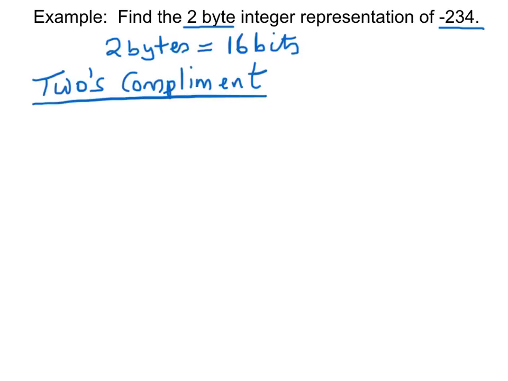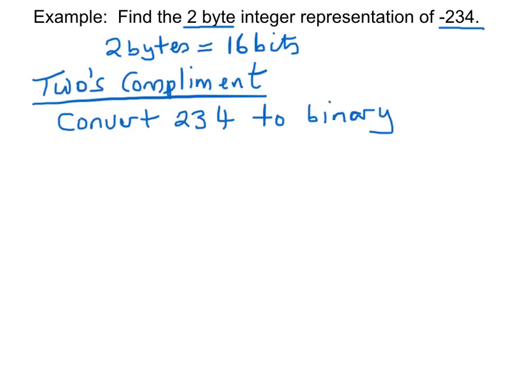So the first step is we're going to convert 234, the positive number 234, to binary. Alright, so you can do that directly on the calculator, and we'll discover that 234 is equal to 11101010 base 2.